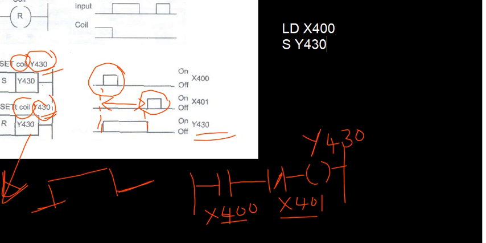Again for the second case, I will write LD X401, then R Y430. So you are resetting it, and accordingly you are going to get the output of this kind here: LD X400, S Y430, LD X401, R Y430.